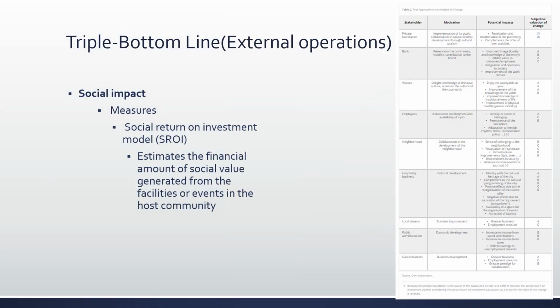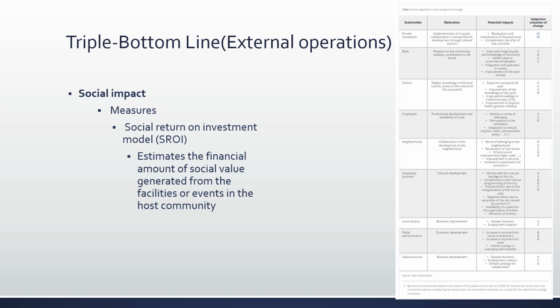The social return on investment, or SROI model, is a framework for measuring the social, environmental, and economic value generated by an organization or initiative. It is increasingly being used in the context of sport facility and event management to measure the impact of sport on local communities.